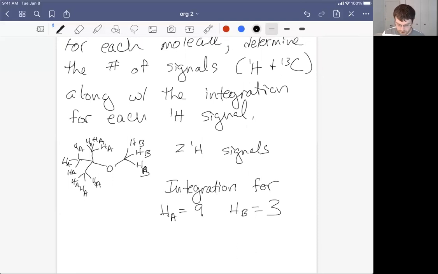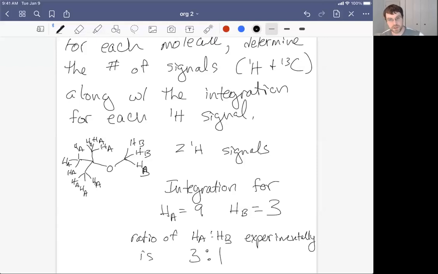Okay, so the ratio of HA to HB experimentally is 3 to 1. There are 3 times as many HAs as HBs. Now, if you were given the molecule and you wanted to say, what do I expect the integration to be? I would say, well, there are 9 HAs and 3 HBs.